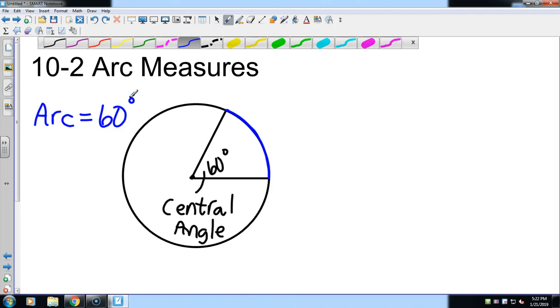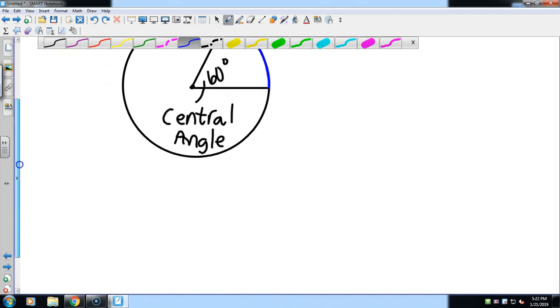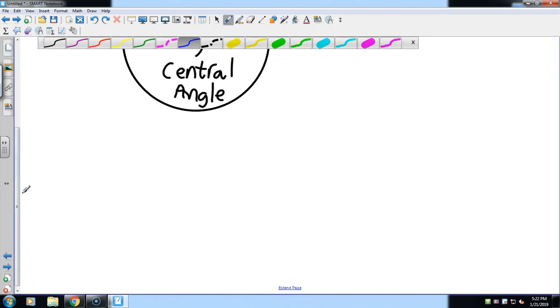Now, anything that is less than 180 degrees is what's called a minor arc. So a minor arc is less than 180 degrees.